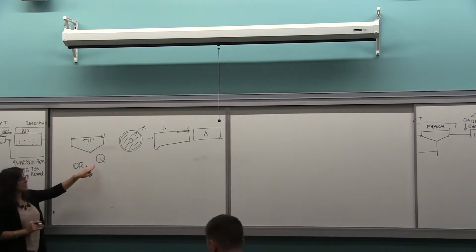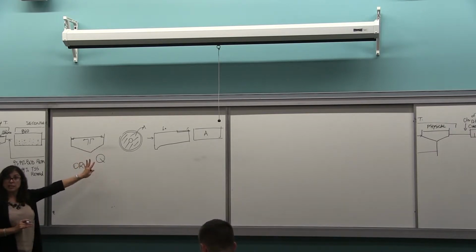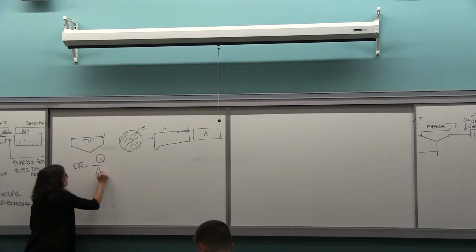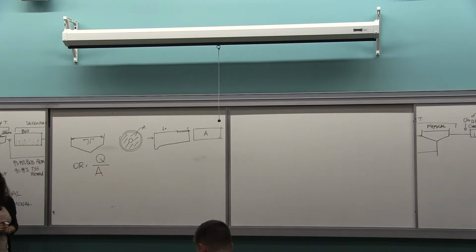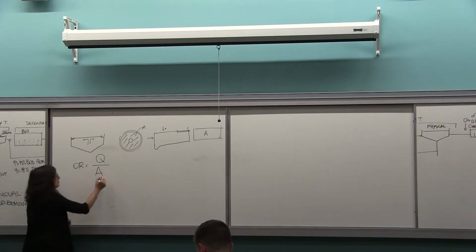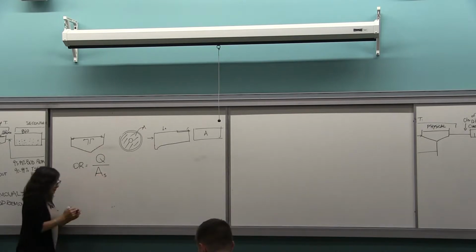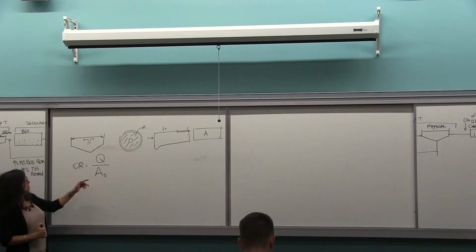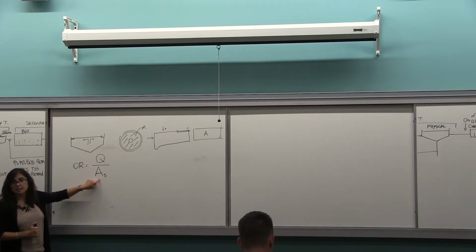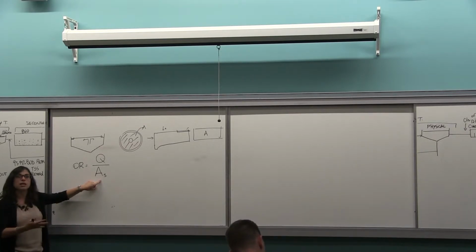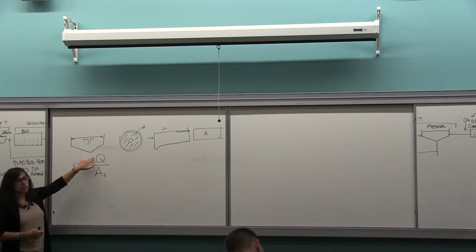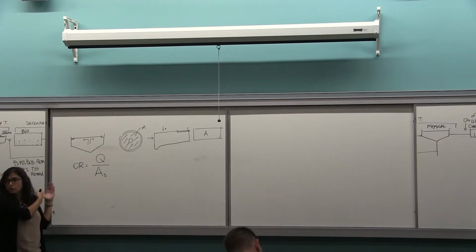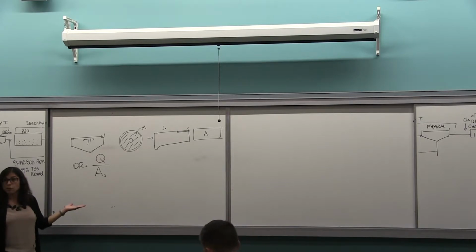And overflow rate is the flow that is treated over the surface area. The design of the clarifier is based on this. What does it mean, the design? Well, I can size the area, so I can pick the right size clarifier based on the flow that I need to treat, because that depends on the people that I'm going to have to serve.